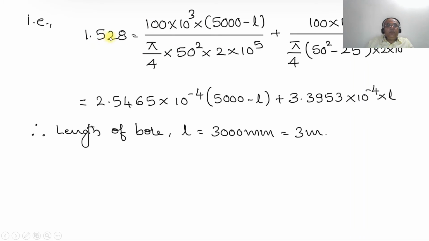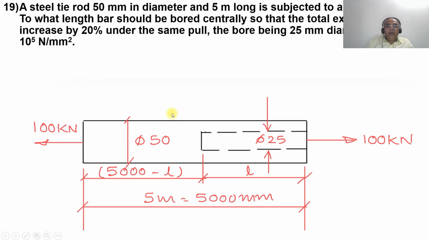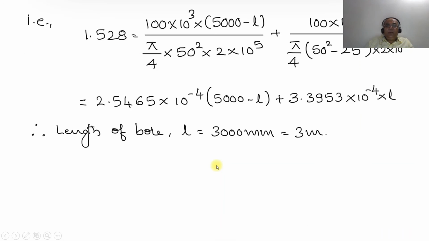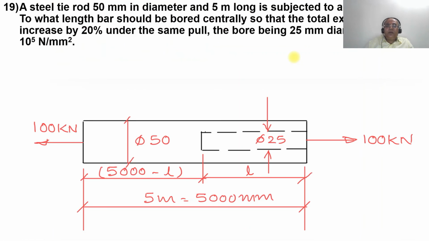So 1.528 is equal to 100 into 10 to the power of 3 into (5000 minus L) divided by pi by 4 into 50 square into E, which is 2 into 10 to the power of 5, plus 100 into 10 to the power of 3 into L divided by pi by 4 into the bored section.